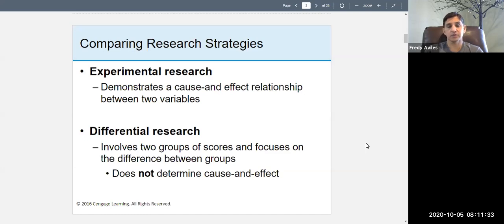So with differential research, which is more related to what we're talking about here, you can just measure, let's say, the aggression in males and females and see if one is higher than the other, or to see if there's a relationship, let's say, between being male and aggression, okay, or being male or female and aggressive behavior, right? You can just measure those things and determine a correlation. So you're not determining cause and effect. You're not doing an experiment. You're just looking at differences, okay?